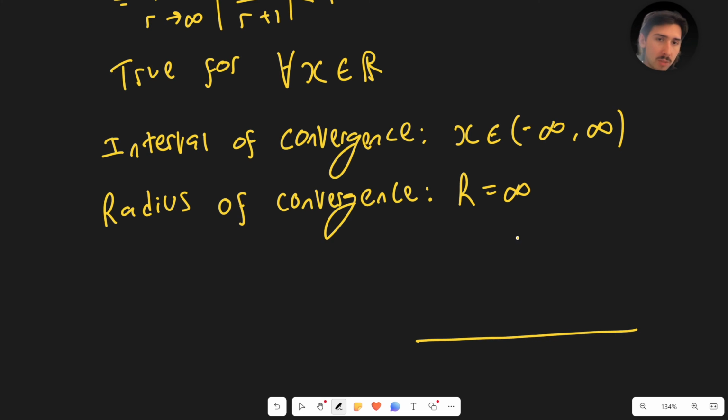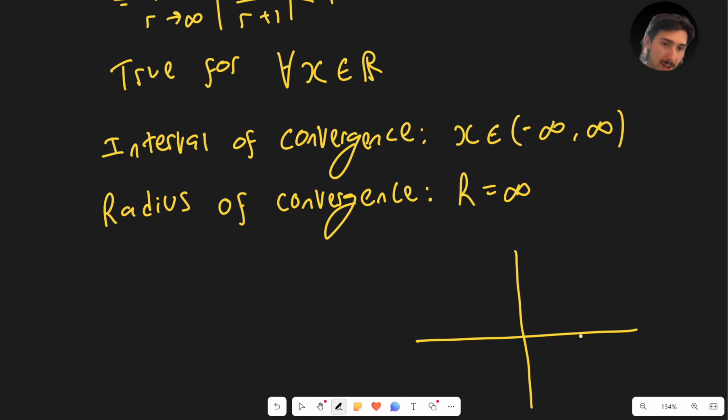So let's say the radius of convergence for a different series was R equal to 3 or something. That means that if the modulus or absolute value of the number was any bigger than 3, then the thing would diverge.